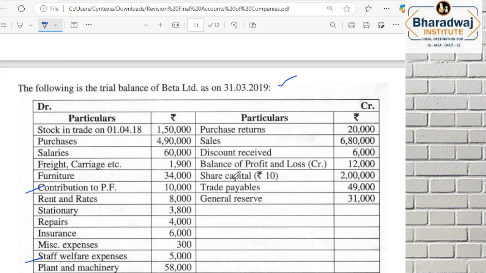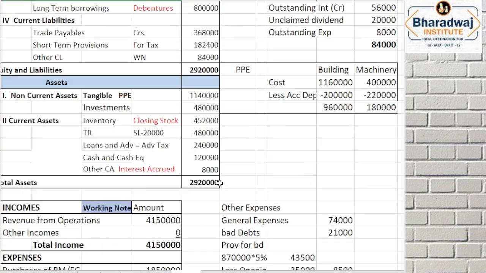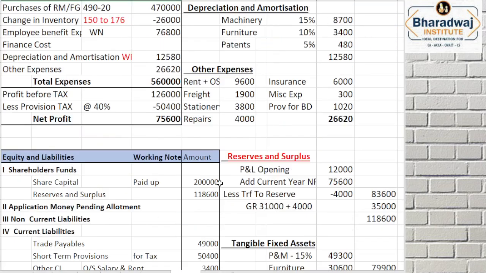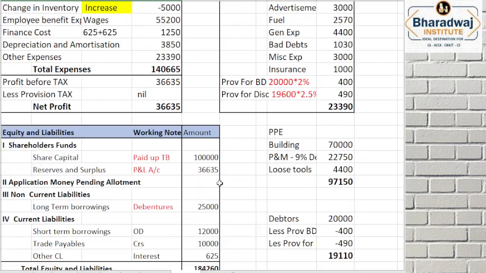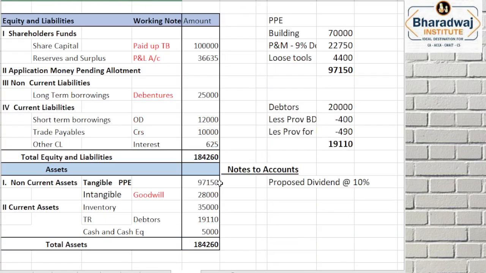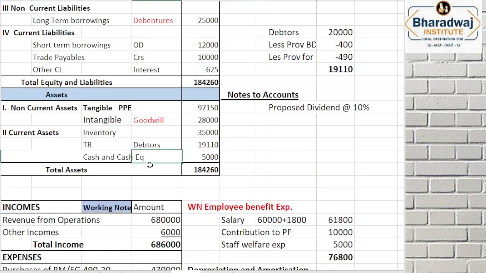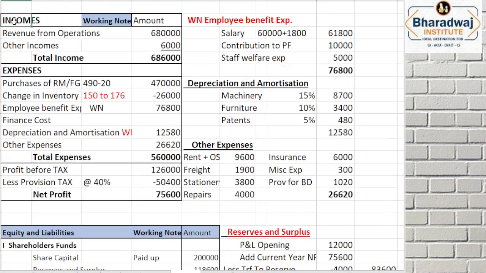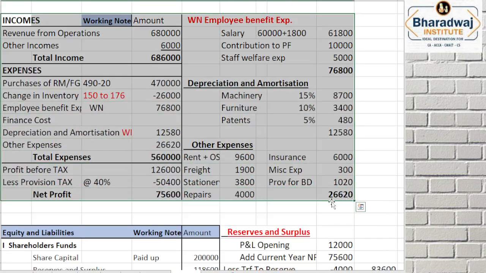So let me show the answer for this question. Same answer now. That is what we have done earlier. Same question, the December 2024 one we did. Same answer. 75,600 will come. Don't try this, you can see it directly, no problem.